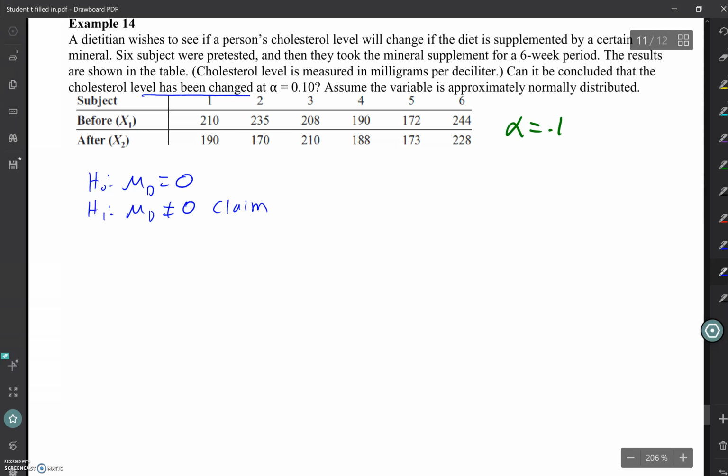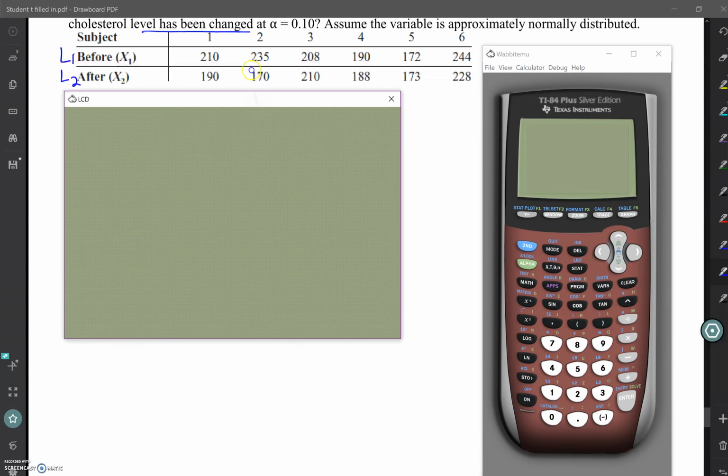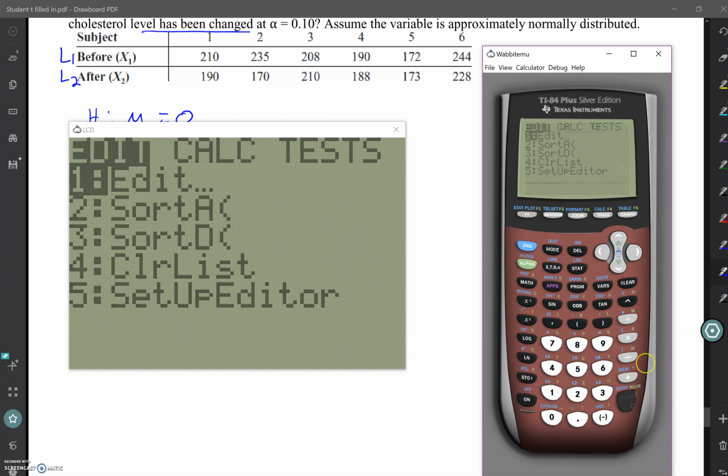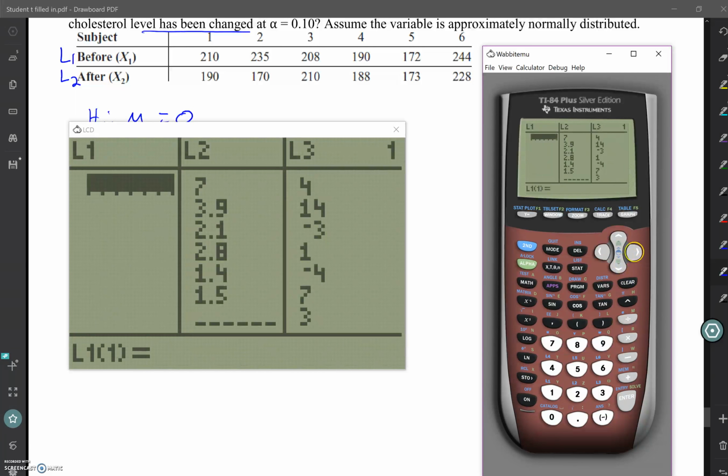Now, to use technology, I want to put my befores in L1 and my afters in L2. So let's start with that. And make sure you get all the data out of each list before you enter in this information. Otherwise, you might have extra data that we don't really want in there.